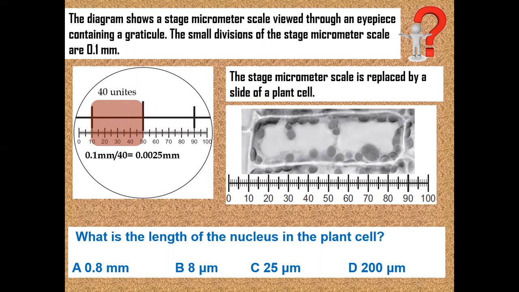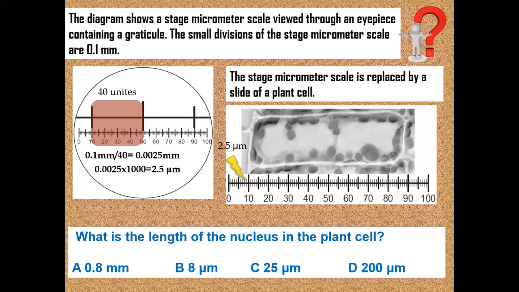We convert this into micrometer by multiplying by 1000, because 1 millimeter contains 1000 micrometer. So the smallest unit of the eyepiece reticule is 2.5 micrometer.